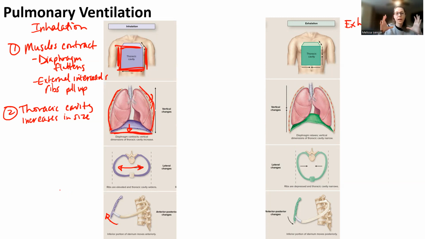So as we expand our thoracic cavity out, essentially what's going to happen is pressure decreases, okay? Because the lungs get bigger. This expansion is basically going to mean that as the lungs move outward and the area increases, pressure decreases.